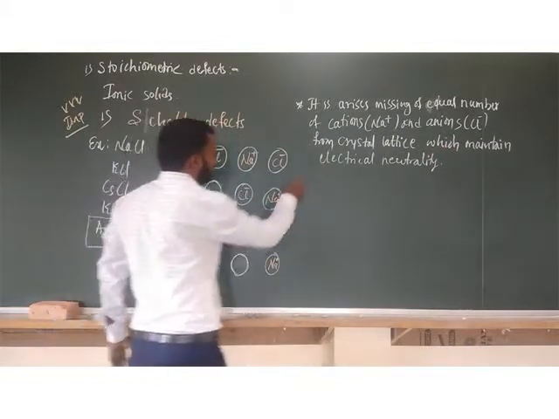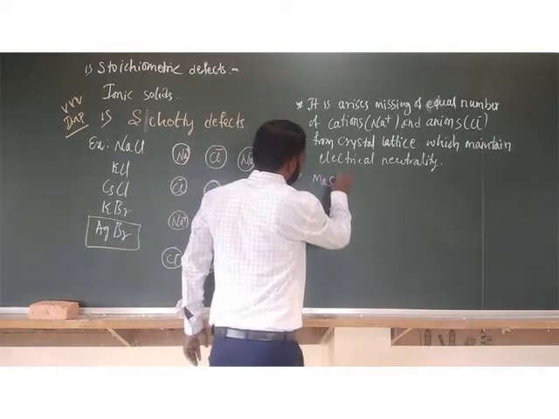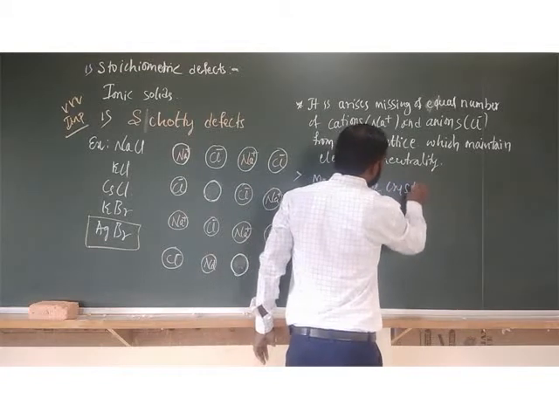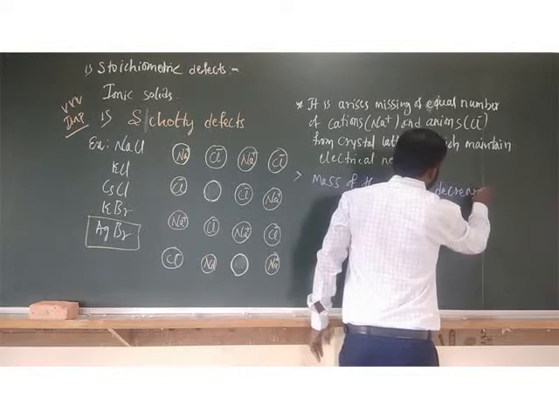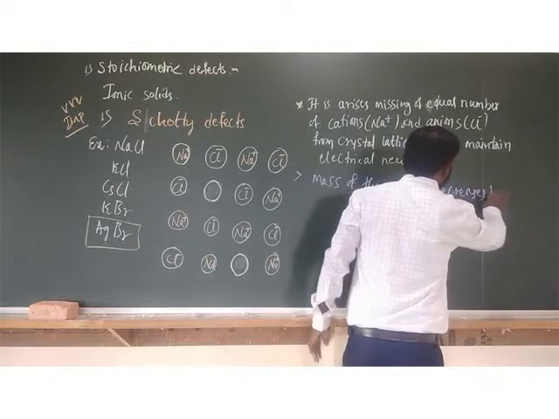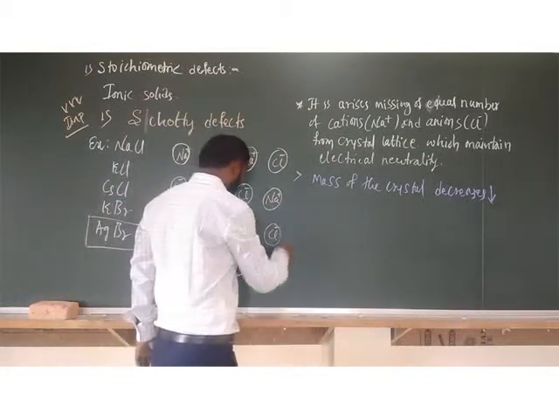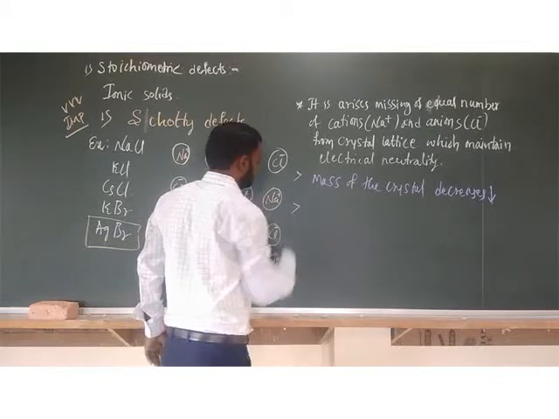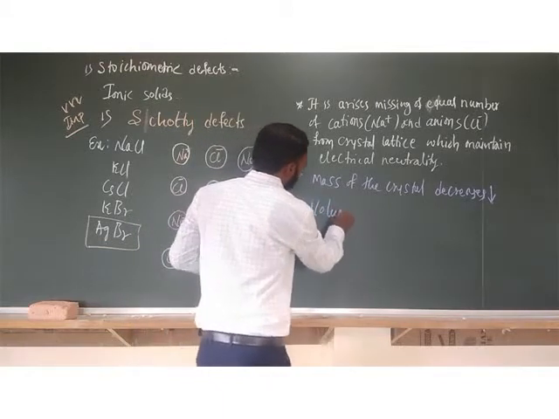Then point number 2: the mass of the crystal decreases, because of the missing of the positive ion and negative ion. Point number 3: volume remains the same.